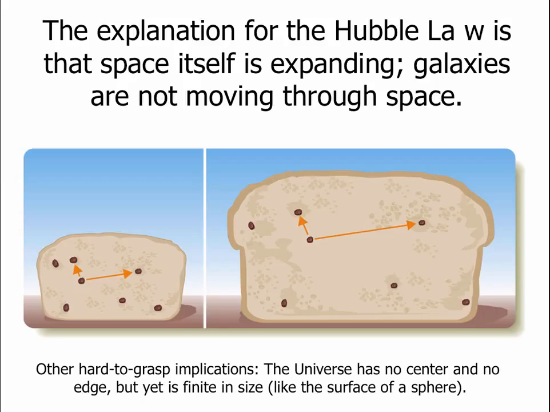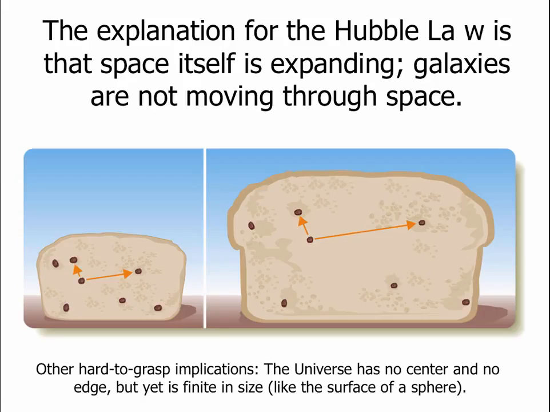A summary for what we've learned in this mini lecture is that we have this thing called the distance ladder that we use to get distances to more and more distant objects. And when we measure the distances of these galaxies, and we also compare it with that apparent Doppler shift, that redshift that we see, that all the galaxies seem to be moving away from us, we find that the more distant galaxies are moving faster than nearby galaxies.